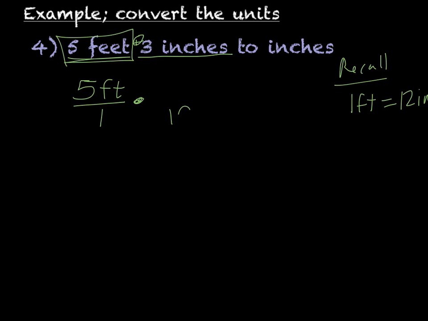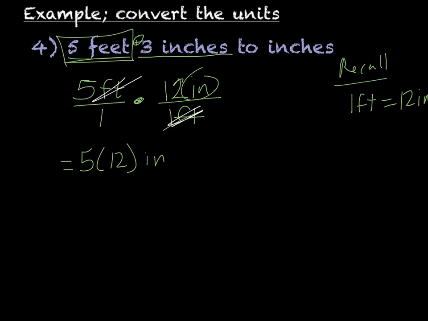So it will be 1 foot, and then it's equal to 12 inches. And then we can cancel out our feet here, leaving me with 5 times 12, and then the inches. 5 times 12 is 60. But we also have this extra 3 inches here, so make sure we add the 3 inches. So 60 plus 3 is 63 inches.